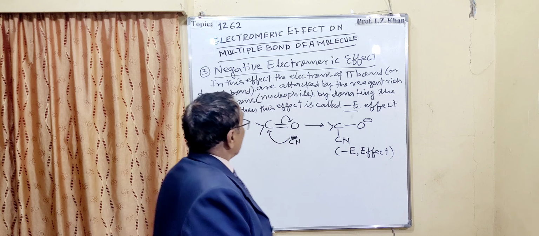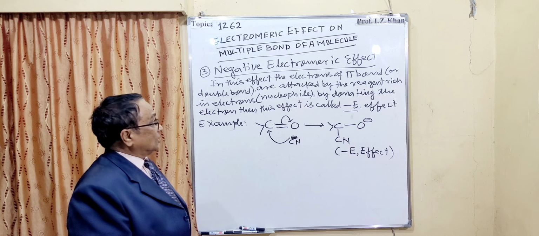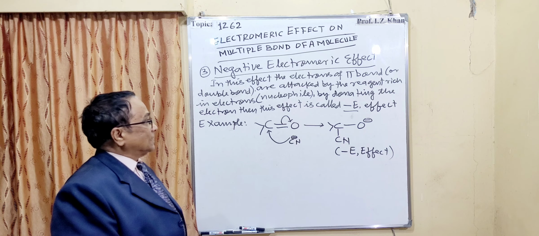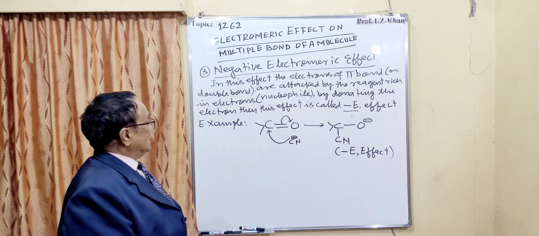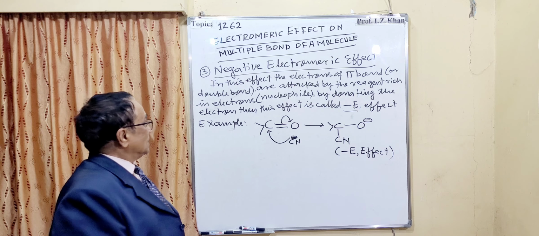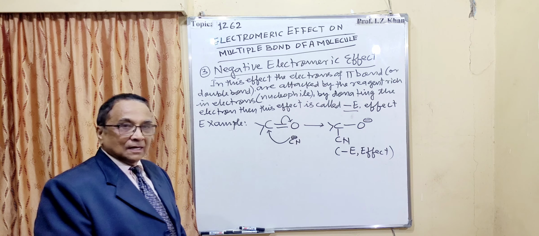So here, in the negative electromeric effect, the electrons of the pi bond or double bond are attacked by the reagent rich in electrons, the nucleophile, and by donating the electron, this effect is called negative electromeric effect. For example, the carbonyl group. In the carbonyl group, the CN group is a nucleophile carrying a negative charge, meaning it is rich in electrons.